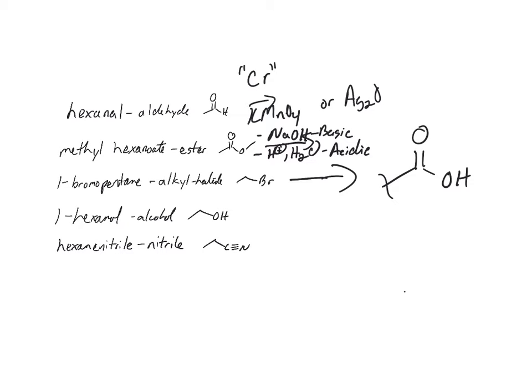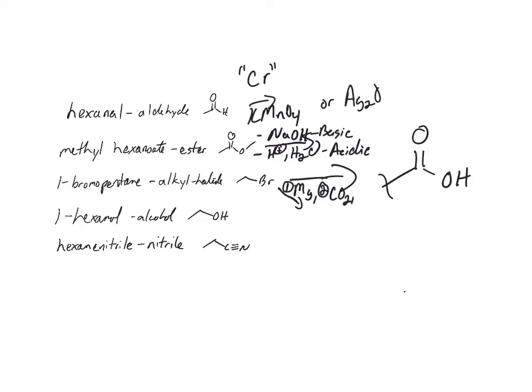What if you wanted to turn an alkyl halide into a carboxylic acid? What would you need to do? Make the Grignard, right? There's 2 ways to do this too. This would be to make the Grignard and then CO2. That's right. Step 2 is CO2.